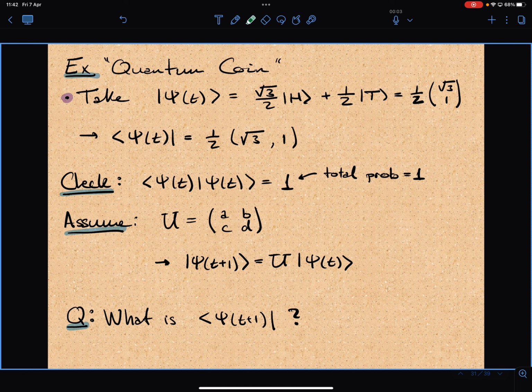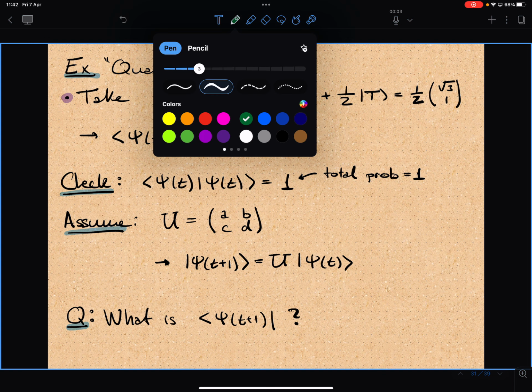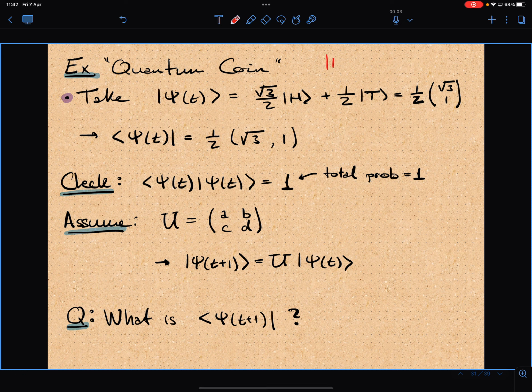If I take the dual vector of psi of t, I get this row vector. Here I'm writing it in coordinate notation, where I choose a basis such that h is equal to 1, 0, and t is equal to 0, 1.